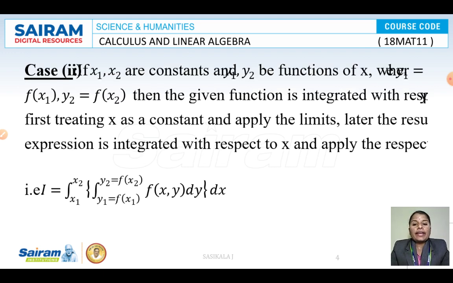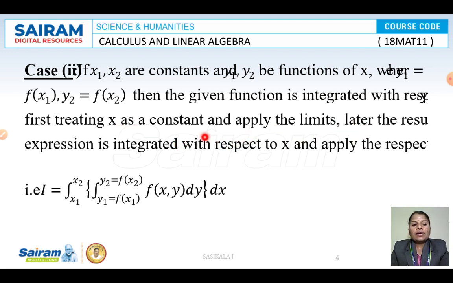If x1 and x2 are constant and y1 and y2 are functions of x, where y1 is equal to f of x1 and y2 is equal to f of x2, then the given function is integrated with respect to y first, treating x as a constant, and then apply the limits.